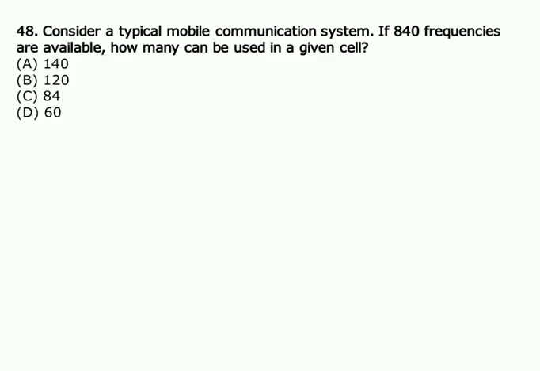Consider a typical mobile communication system. If 840 frequencies are available, how many can be used in a given cell? The cells are normally roughly circular, but they are easier to model as a hexagon. So here the cells will be in this format.